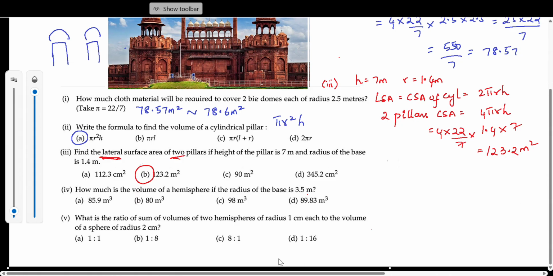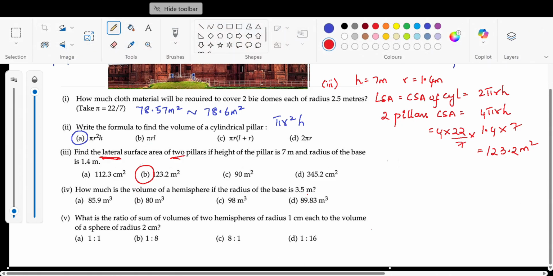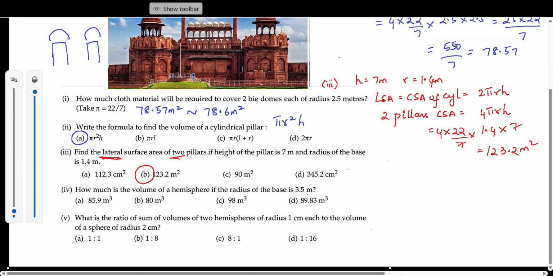Now for part 4, let me take another color again so that you are able to see the distinction. Volume of hemisphere is asked and the radius of the base is given.